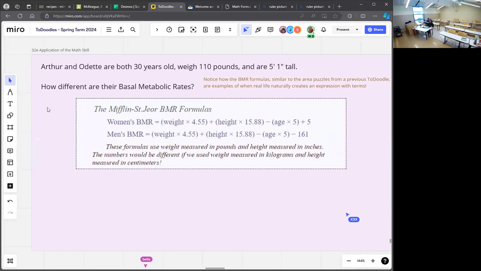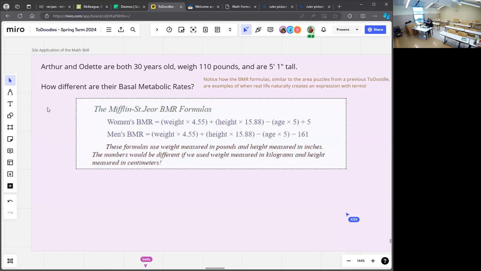And this is how many calories your body burns when you're just lying in bed, not exercising at all. If you were to be a complete vegetable and just lie in bed all day long, how many calories would you burn? Zero. And on top of this, you would add calories from exercising and moving around all day. But this is an important thing that people needed to study at one point.